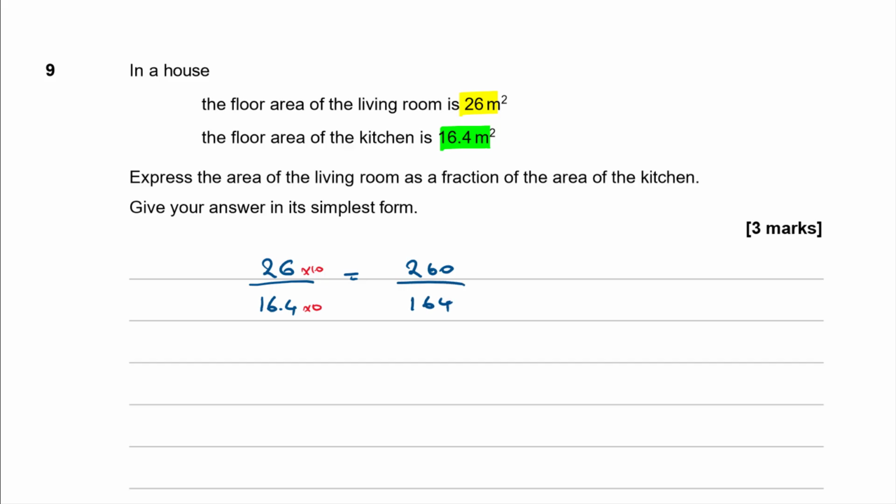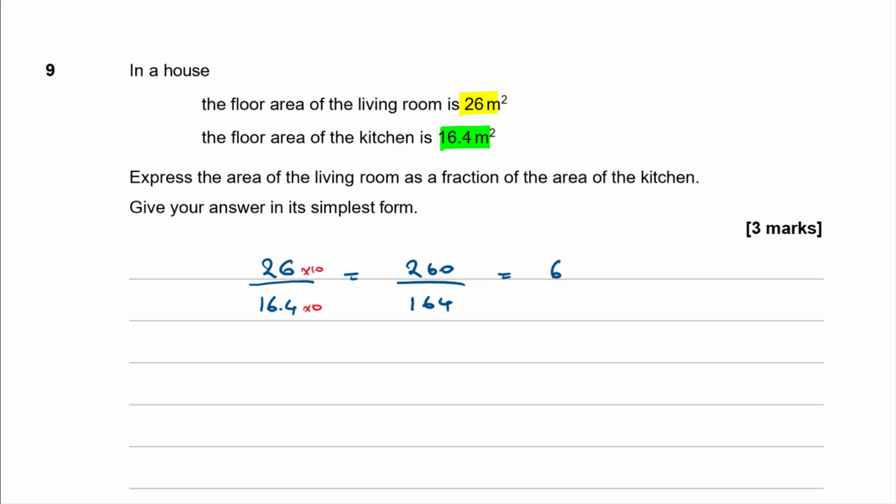And now I want to see if I can cancel that down. So common factors of 260 and 164. And I think 4 must go into both of them, mustn't it? So dividing them both by 4, perhaps to start with. What's that? 4's into 260. Well, 4's into 26 go 6 times remainder 2.